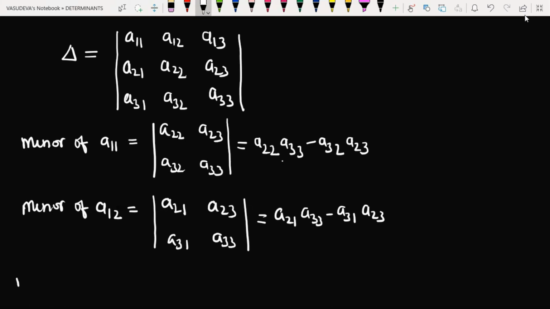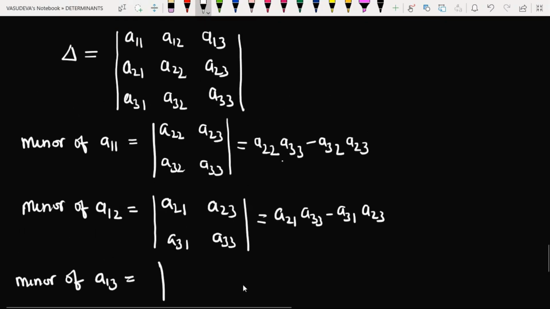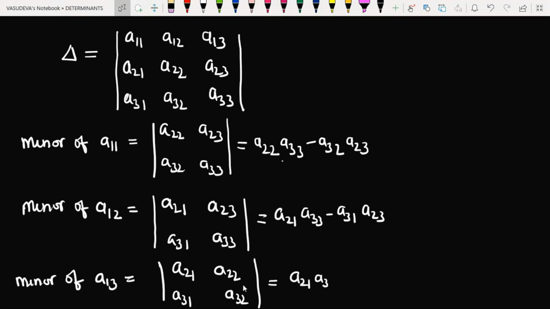Then the minor of the element A13. So A13 lies in the first row and the third column. So leaving the elements of the first row and the third column, the determinant of the remaining elements is A21, A22, A31, A32. Determinant of this is A21 into A32 minus A31 into A22. So these are the minors of the elements.